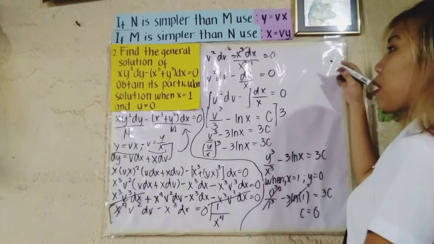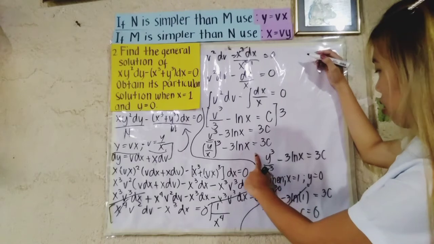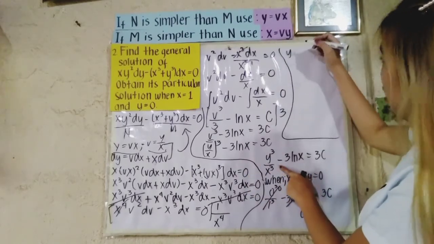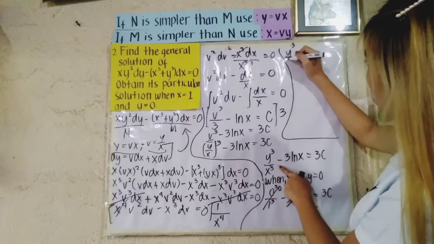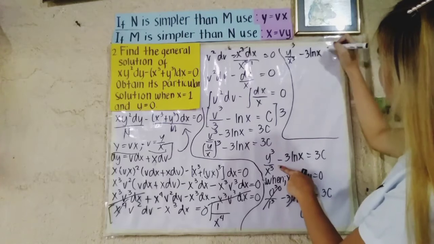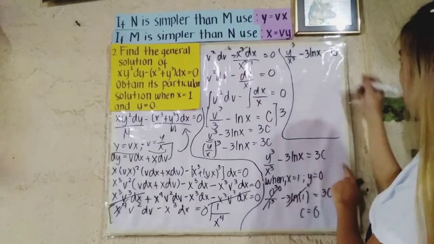So, ang particular solution natin, substitute lang natin itong 0 dito sa nakuha nating value. So, we have here y cube over x cube minus 3 ln of x equal to 0 pa rin. Kasi 3 times 0 equals to 0.